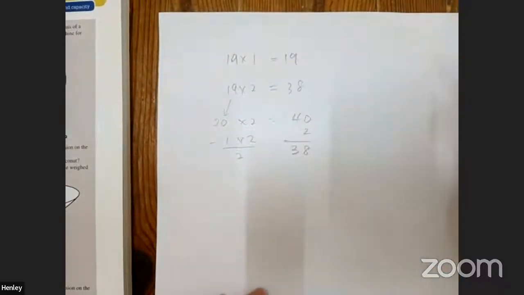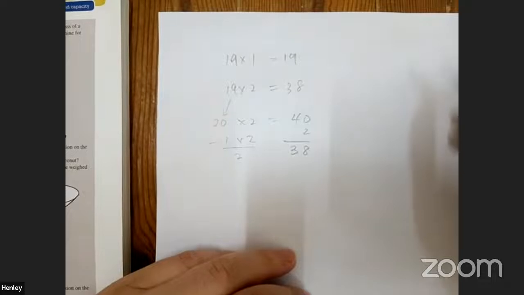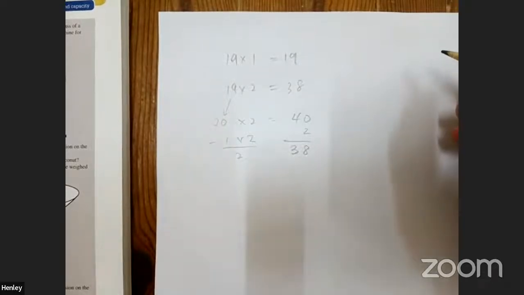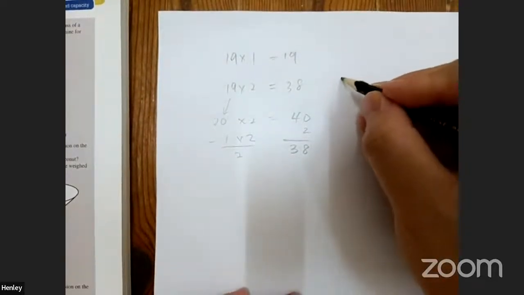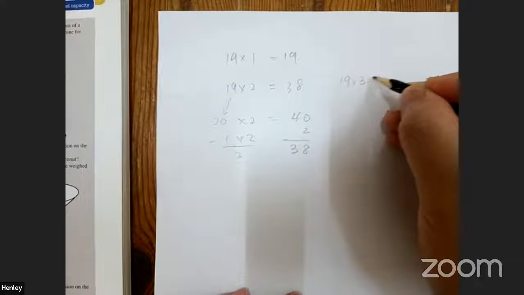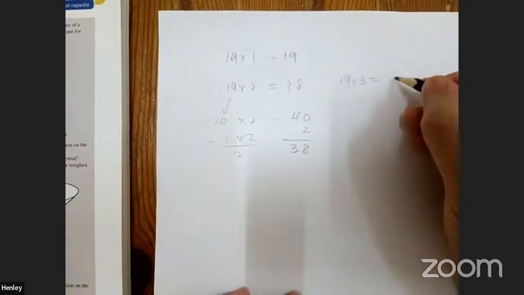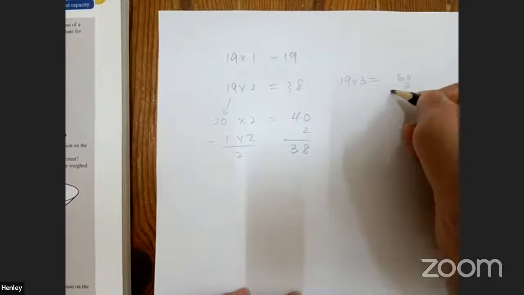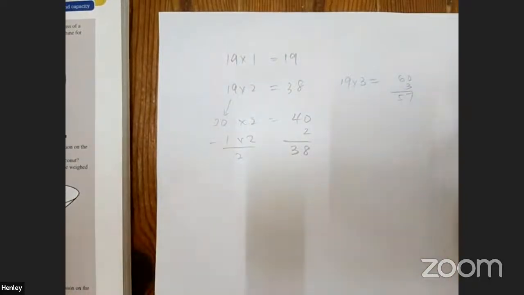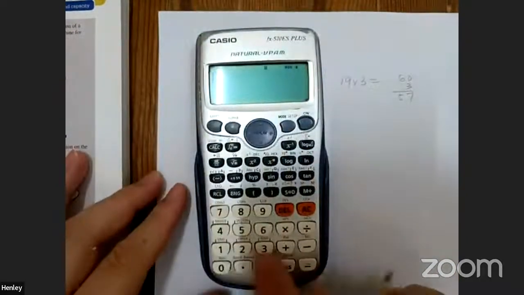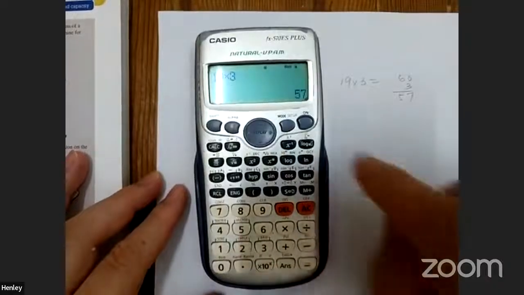You can always use estimation to find the accurate value. For example, 19 times 3: you know this is about 20 times 3, which is 60, minus 3, so it is 57. Let's try: 19 times 3 is 57.